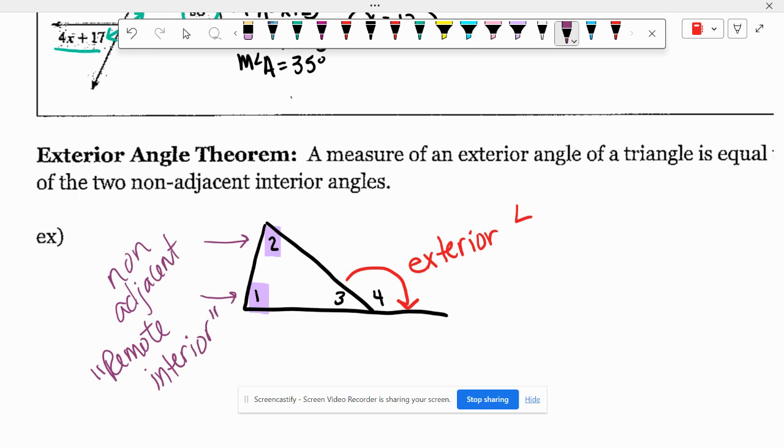So what this says is that the measure of this outside angle, the measure of angle 4, equals the measure of angle 1 plus the measure of angle 2.